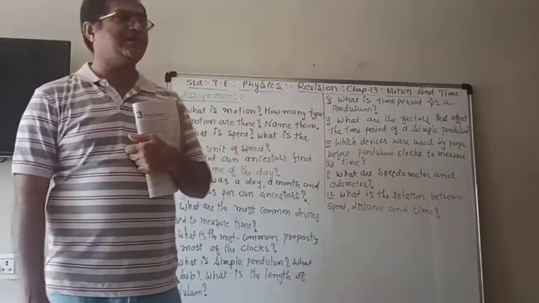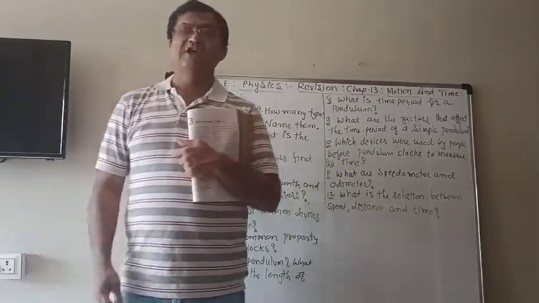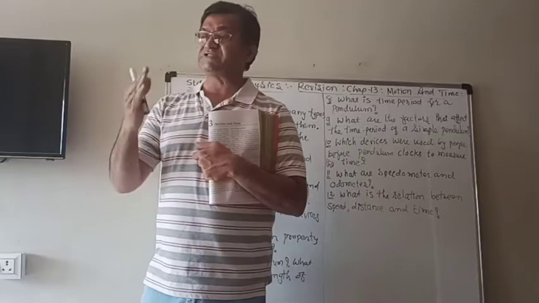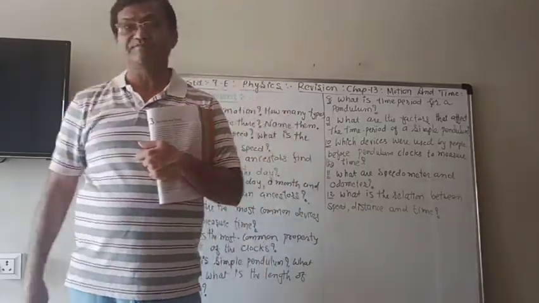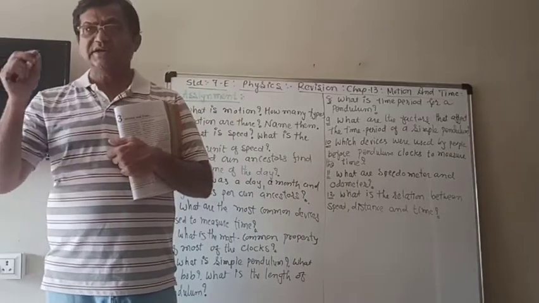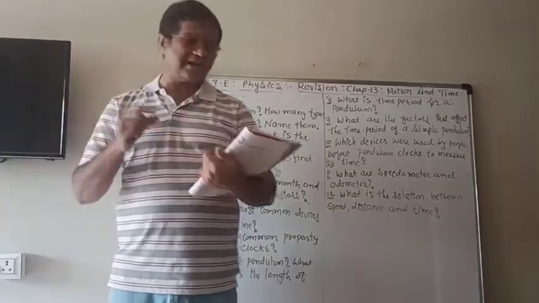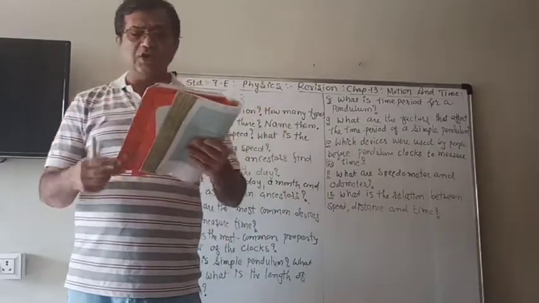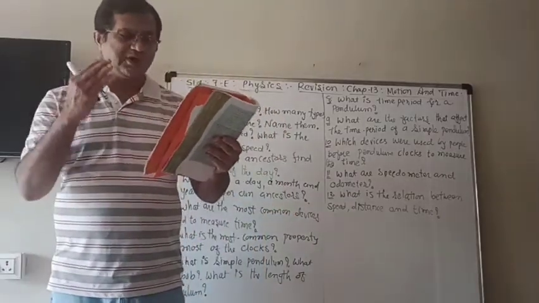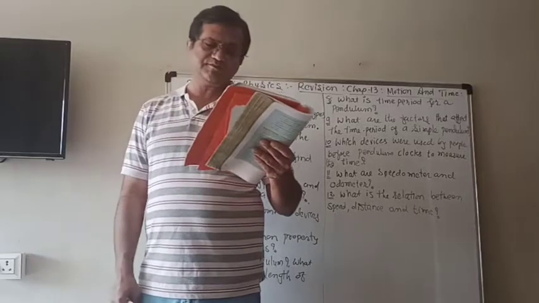So what is the speed? Actually, speed is the distance covered by an object in unit time. The distance covered by an object in unit time is known as the speed of that object.